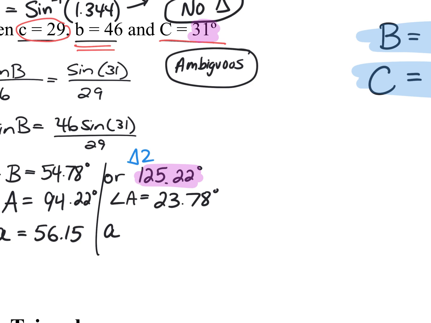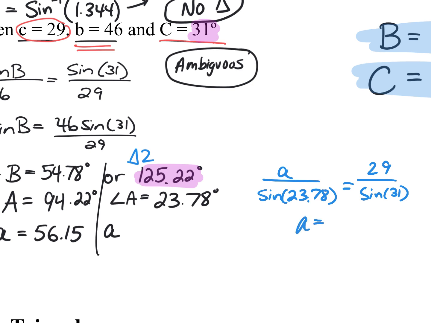In this case, A is going to be divided by the sine of 23.78. And that will also be set equal to 29 over the sine of 31. In this triangle, side A will equal, let's see, 22.704.